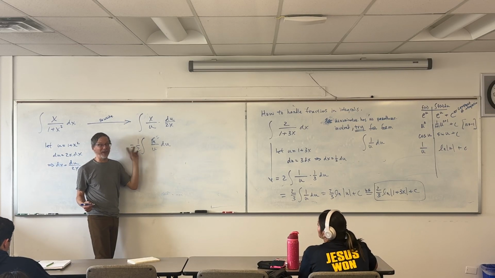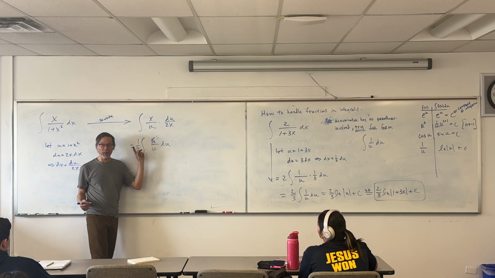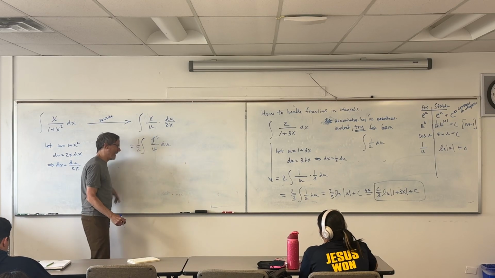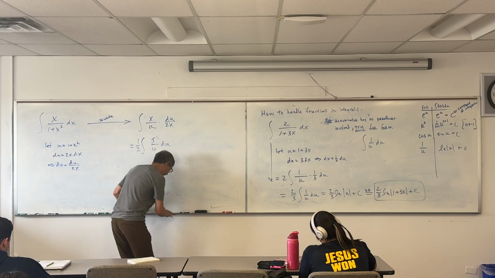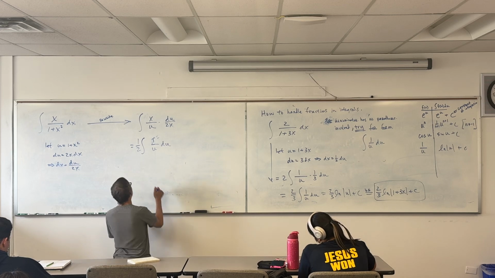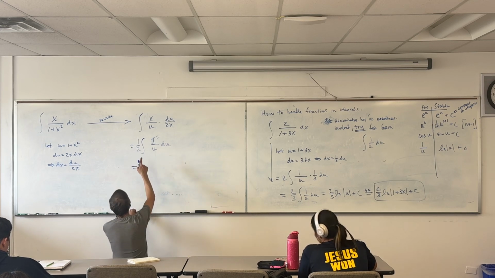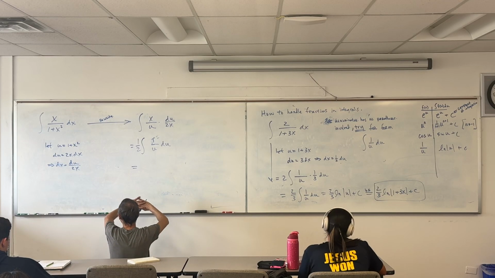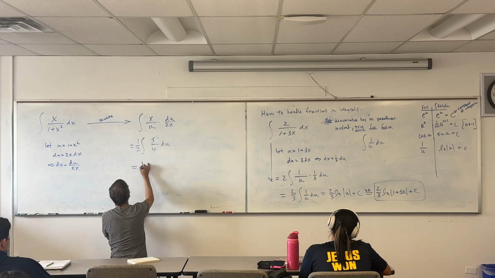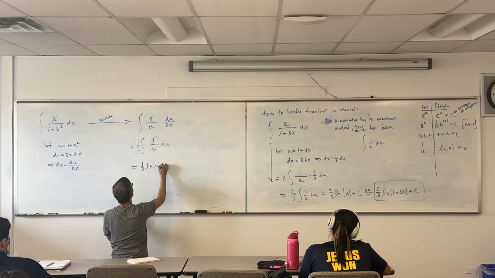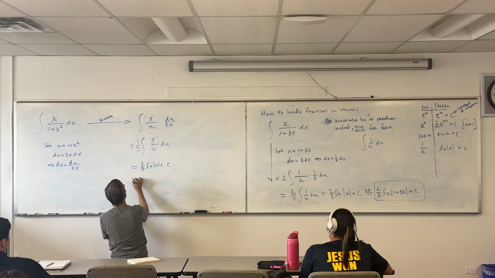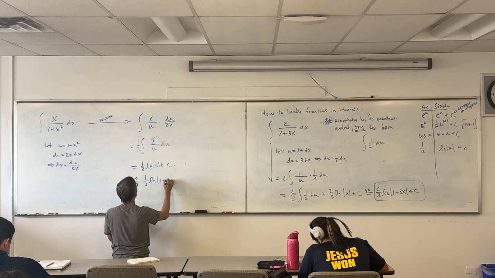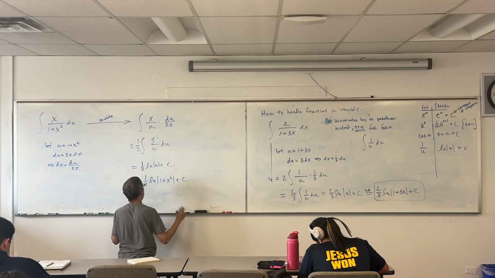Do not proceed. People will proceed. People always proceed because they think, well, I'm just going to make it happen. You can make it happen, it just won't be right. Are there any questions getting up to that point at all? If not, when I back substitute, log of 1 plus x squared plus C.